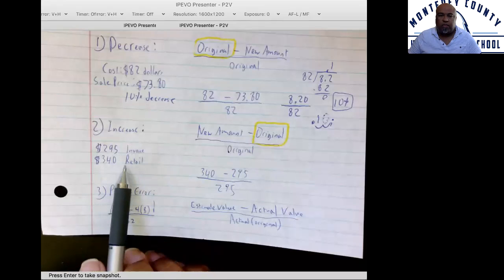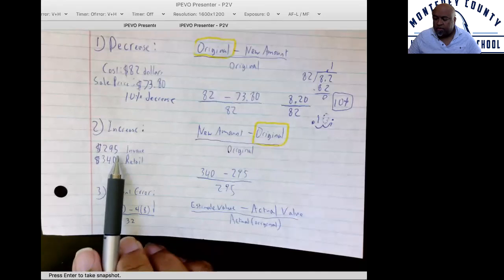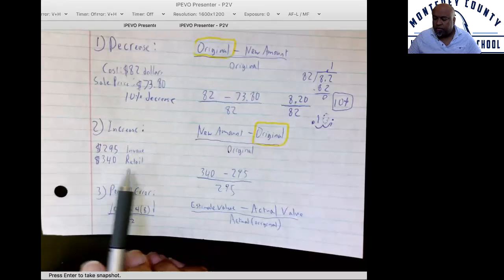And then they sell it retail for $340, which means that they only make $45 off of the guitar when they sell it. It's not a whole lot of money, okay? But, I mean, if you sell enough of them, you can make a living that way. So point being, 295 is the invoice, the increase is 340.